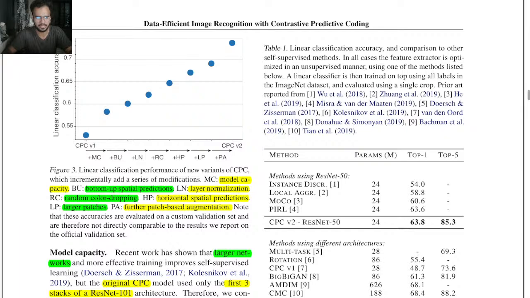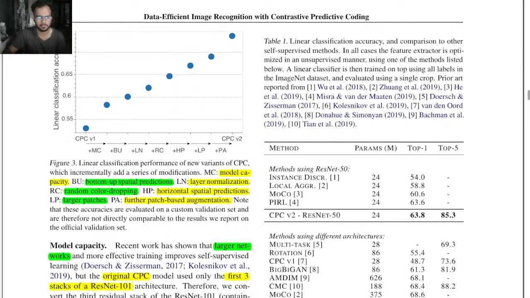First they increased the model capacity, which gave them some boost. Then they did bottom-up spatial predictions, which gave some boost. Then layer normalization, random color dropping, horizontal spatial predictions, larger patches, and further patch-based augmentation. All of these together improved CPC V1 to CPC V2, which finally could beat the supervised object detection benchmark.